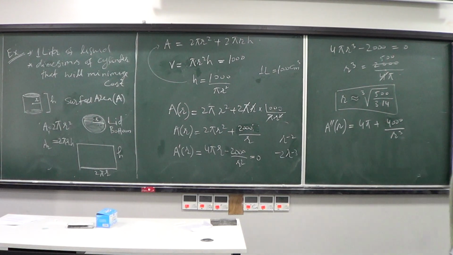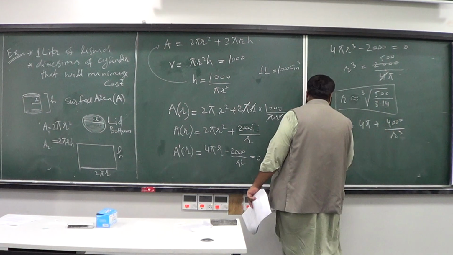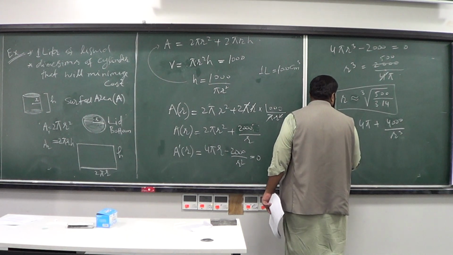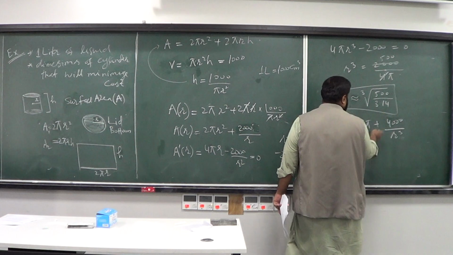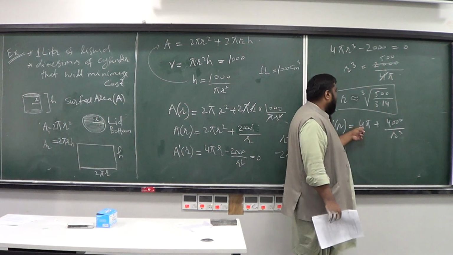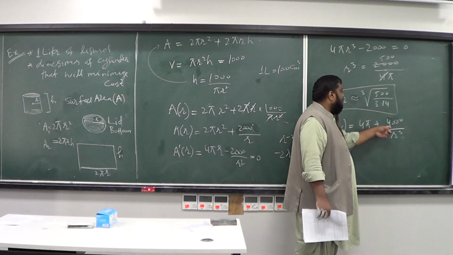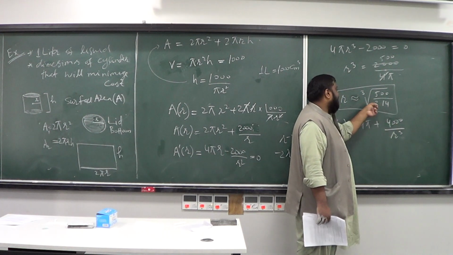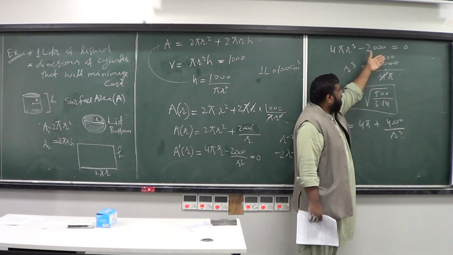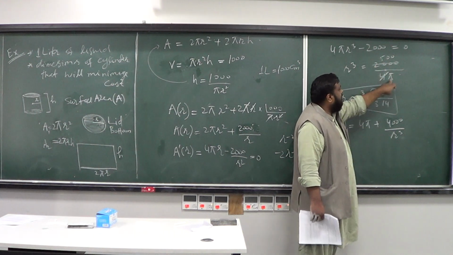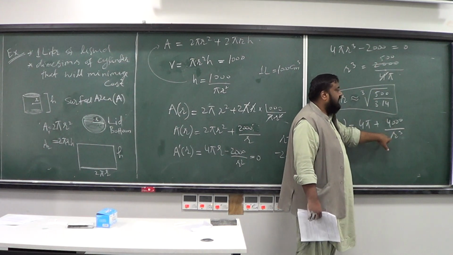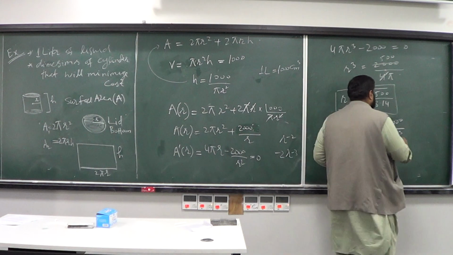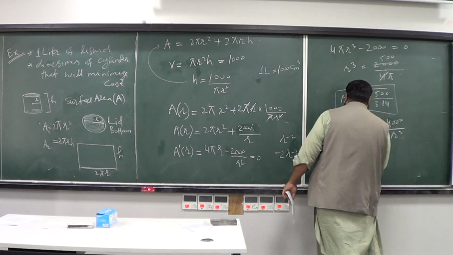Now if I substitute the value of r here, 4 is a positive number, pi is a positive number, 4,000 is a positive number, and r cube is 500 over pi, also positive.